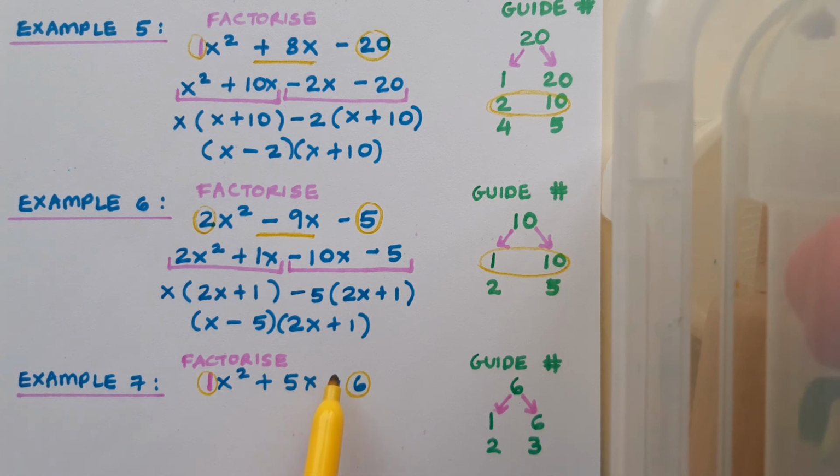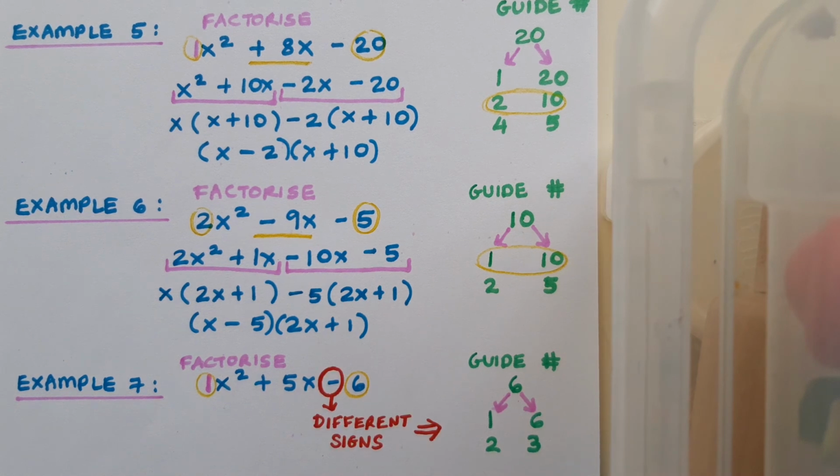Any time that I have a negative in a quadratic at the end, it means the signs of the numbers here must be different to make the middle term. So what I mean by this is that if I've got a minus at the end, I can't say plus 2 plus 3 makes 5. Equally, I couldn't have minus 2 minus 3. I need the signs to be different.